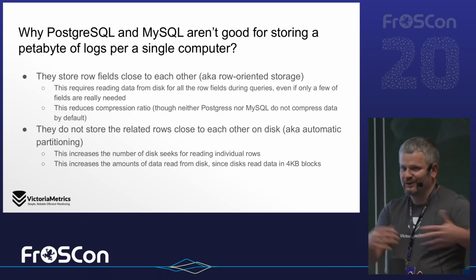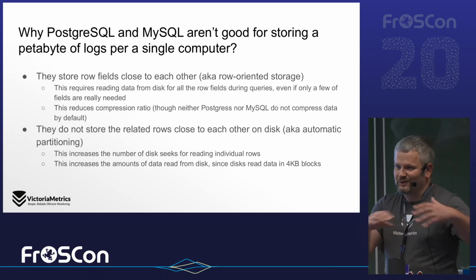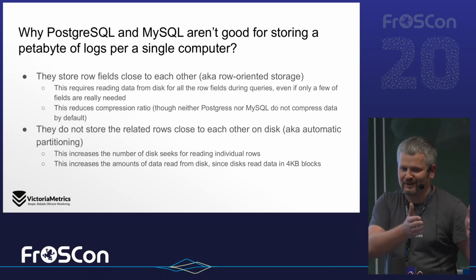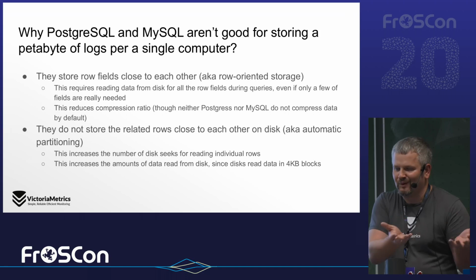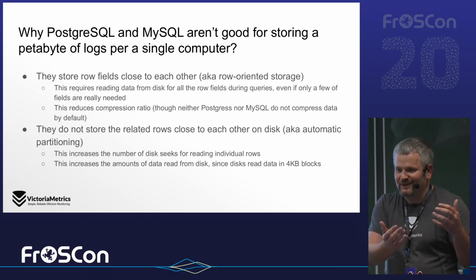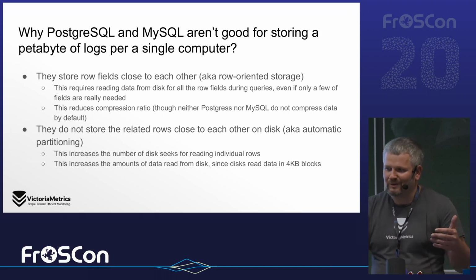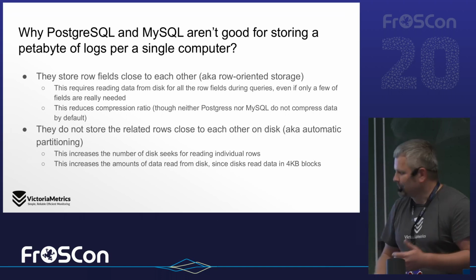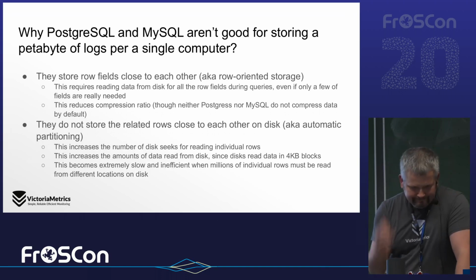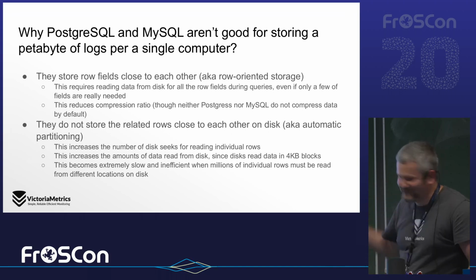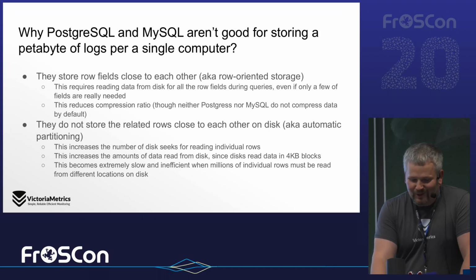And if you need to read rows from a million different locations, and each row contains, for example, 100 bytes, in reality you will need to read not 100 megabytes of data, but 4 kilobytes multiplied by 1 million, which is 4 gigabytes of data. And this becomes extremely slow and inefficient when millions of individual rows must be read from different locations on disk.